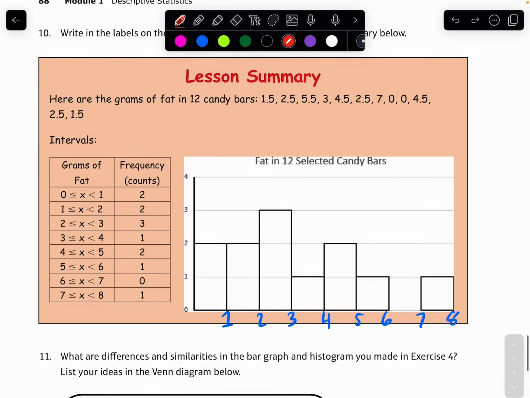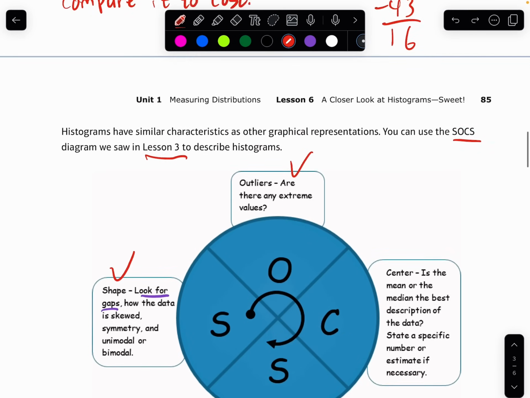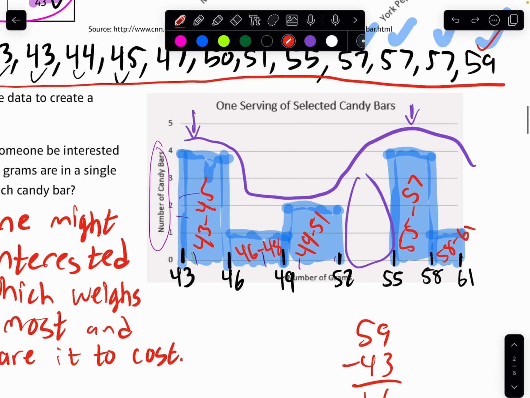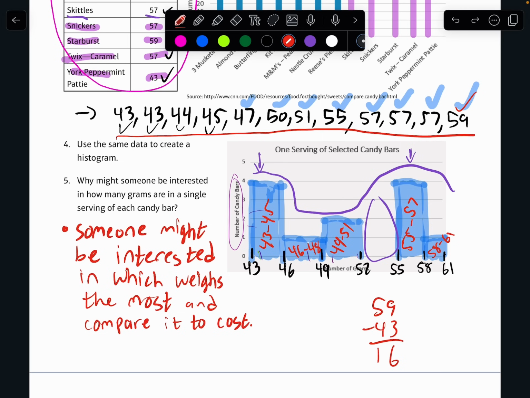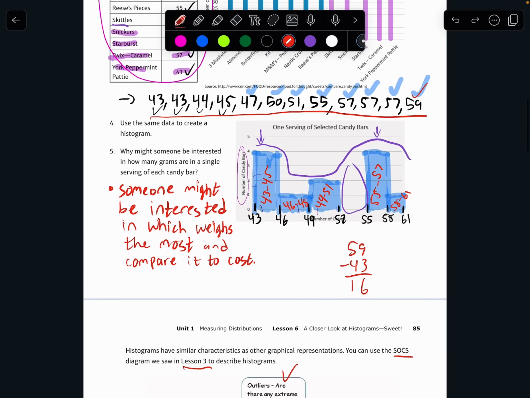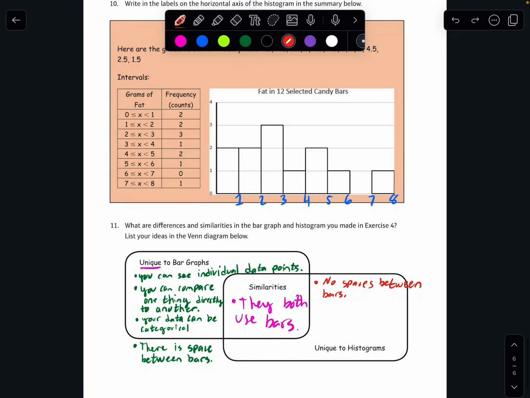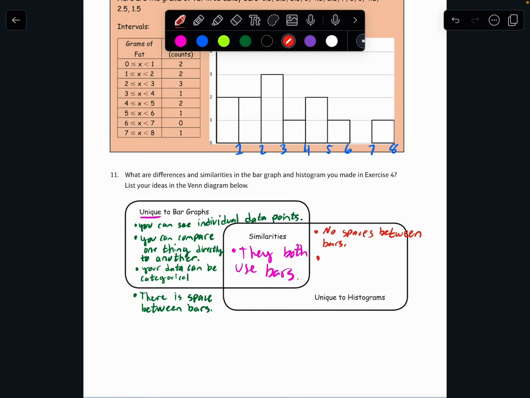And then let's take a look at, honestly, we could take a look at any histogram, but it wanted us specifically at number 4. So what else we can tell is we can compare one group to another. So meaning one group of candy is over here, and then the other group of candy is over here in terms of grams. So we can write the data is grouped to another. I cannot write, I'm at the edge of my iPad.